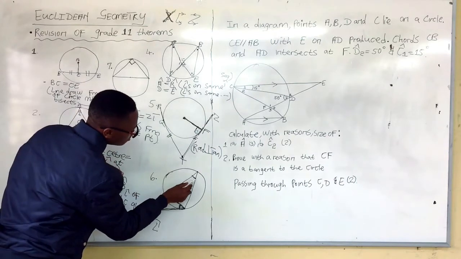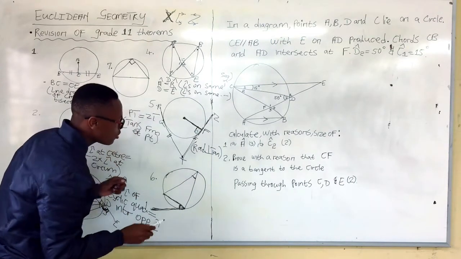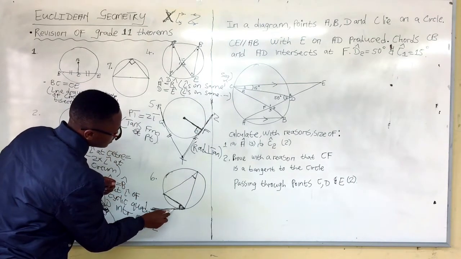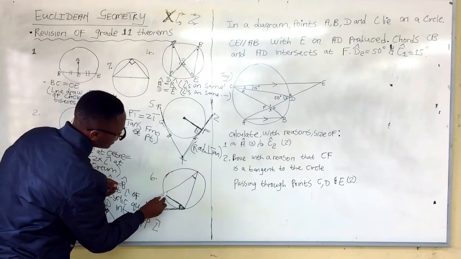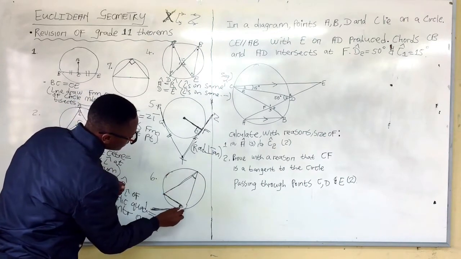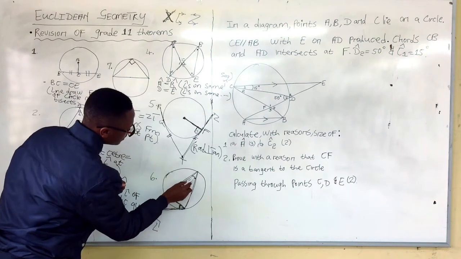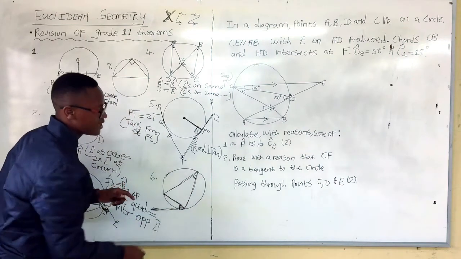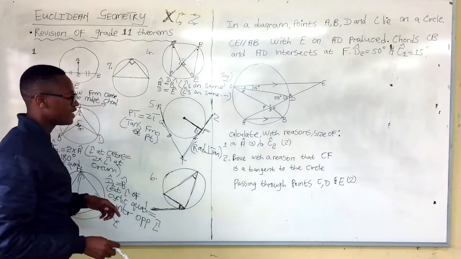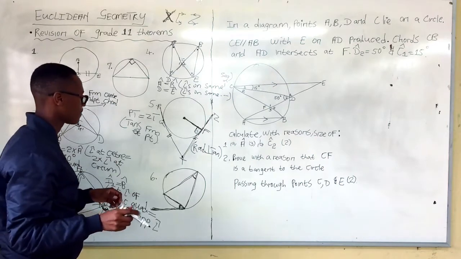It means it is equal to this angle. So always the angle between the tangent and the chord is equal to the angle located at the alternate segment. So this angle is always the same as this angle. Therefore, we call it the tan-chord theorem.